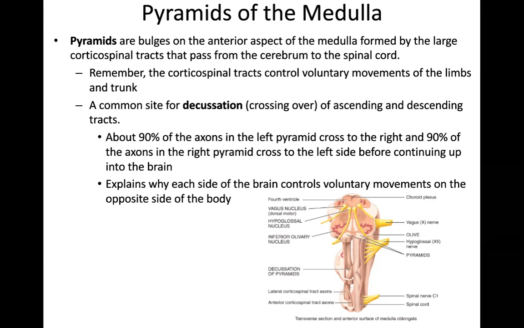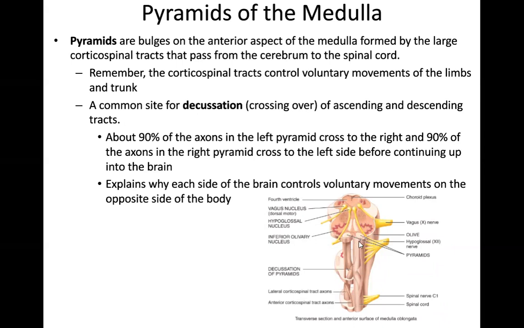So signals that come down from our cortex can cause us to wave our hand or walk, meaning we contract our leg muscles. Those signals are traveling through these structures, the pyramids. When they do so, look right here what they do. They decussate or they cross over.